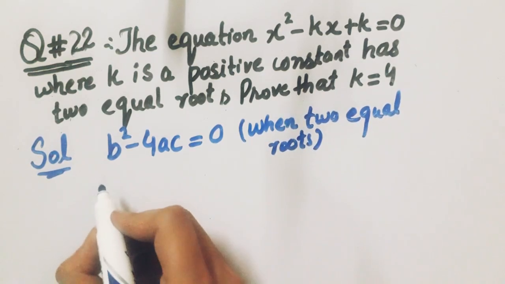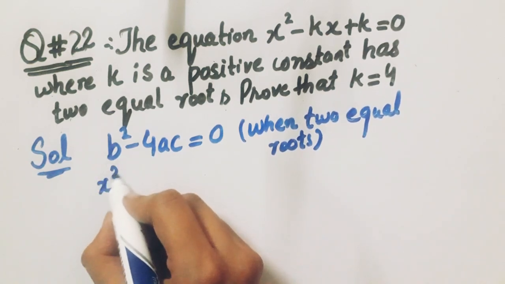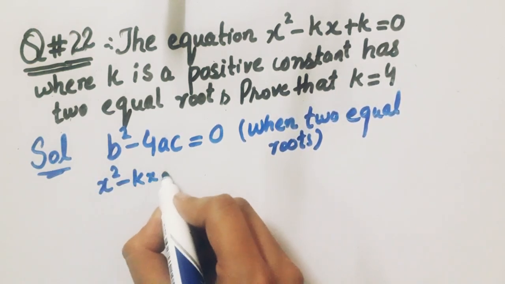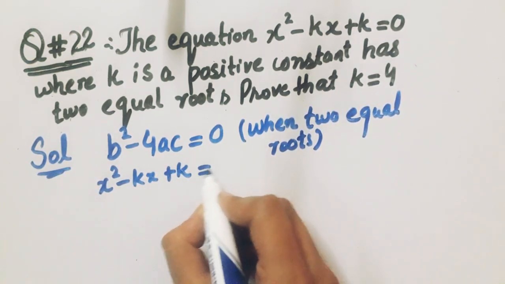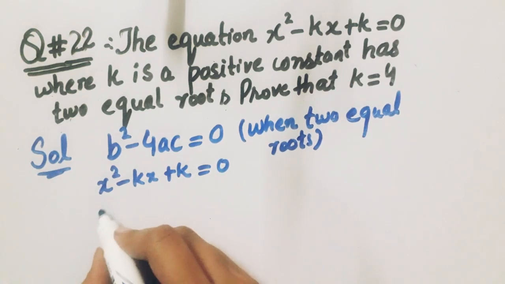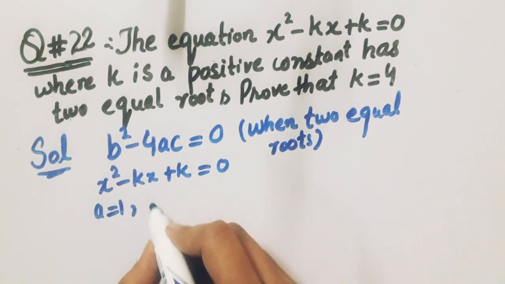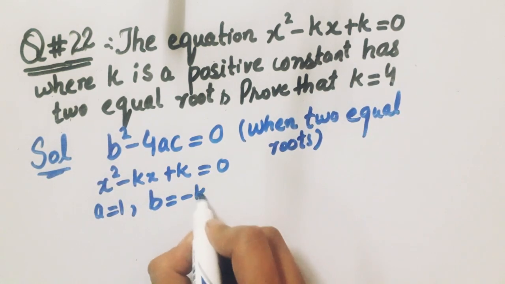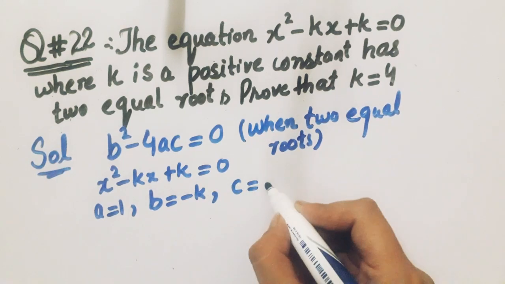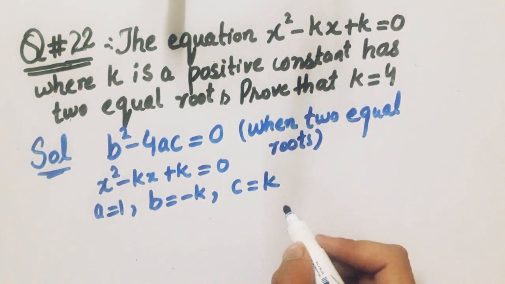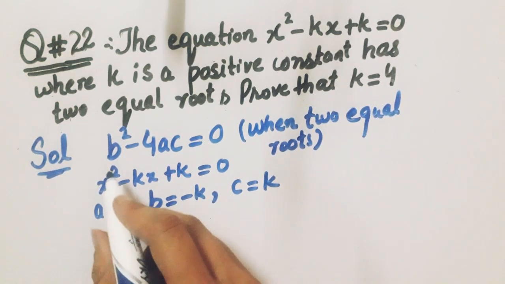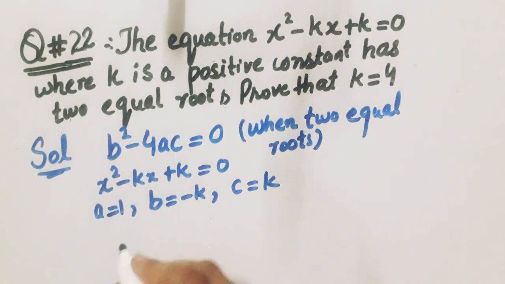Now we will write the equation, that is x square minus kx plus k equal to 0. Here a is equal to 1, b is equal to minus k and c is equal to k. This is given.